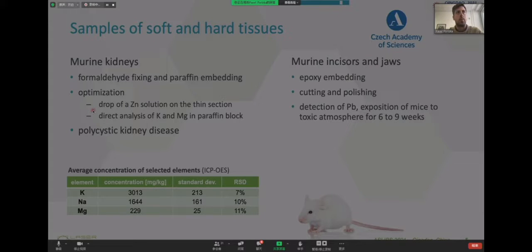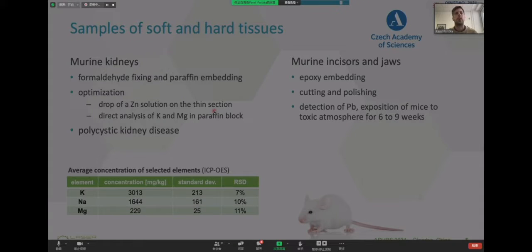For murine kidneys, we did formaldehyde fixing and paraffin embedding, and we did some optimization. We decided to do two different optimization processes: the thin section, and also the paraffin block, directly analyzing the elements in the paraffin block. We did the thin section analysis for histological analysis, because in histology you always have thin sections on glass slides.